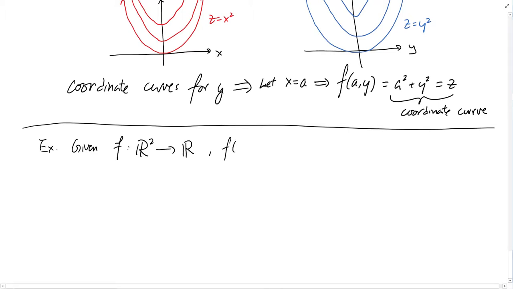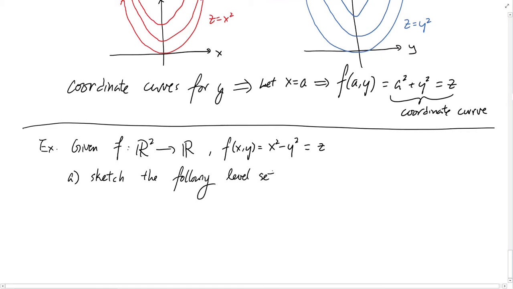And let's say the function is f of x, y equals, how about x squared minus y squared? And then we let the output equal z. Okay, let's say we're going to sketch the following level sets. Let's say k equals, I don't know, 0, 1, 4, 9, etc. And some of them actually might not work, but I guess we can try and find out.